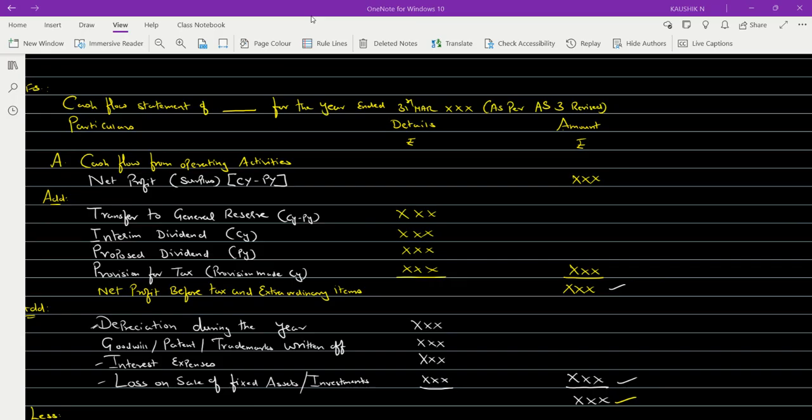So write the heading as cash flow from investing activities. Remember one thing, this cash flow from investing activity is very easy compared to the other activities.